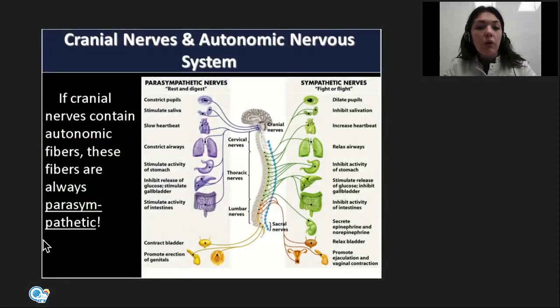If cranial nerves contain autonomic fibers, these fibers are always parasympathetic, because we will study it later, autonomic nervous system. And autonomic nervous system, probably you studied it at school, is divided into sympathetic part and parasympathetic part.